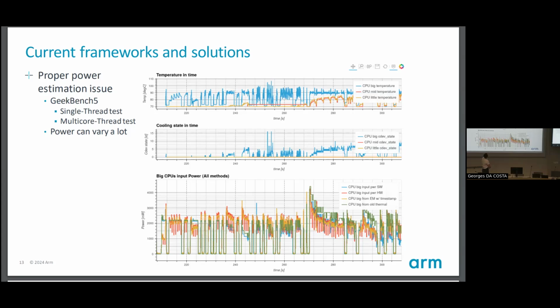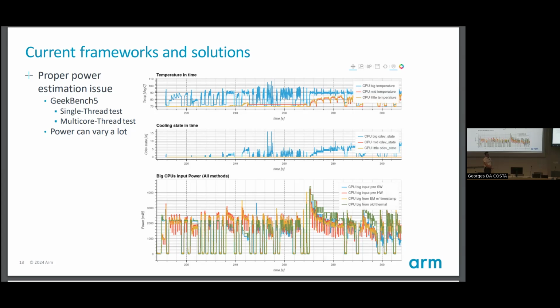That's temperature on the y-axis. In the middle plot, there is a cooling state for the big core. And this is basically a test running on the big core, roughly till this big spike where the multi-threaded test suite starts. So the first part is a single thread test.